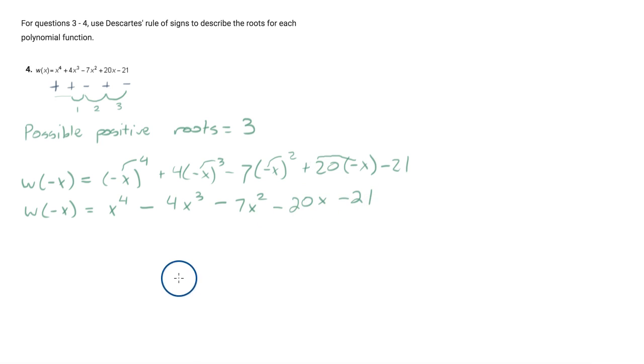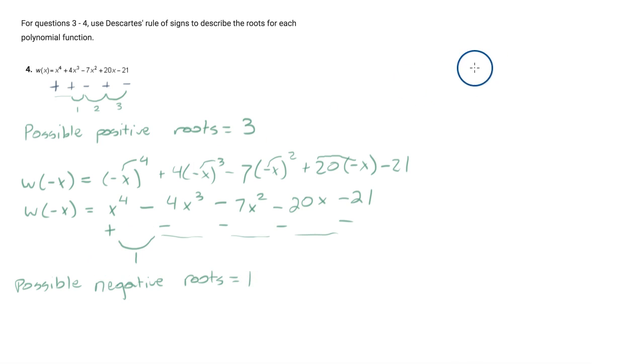And so let's take a look at our sign changes here. We've got a positive, then a negative, another negative, negative, and negative. So it looks like we only have one sign change, which means that the possible number of negative roots is 1.